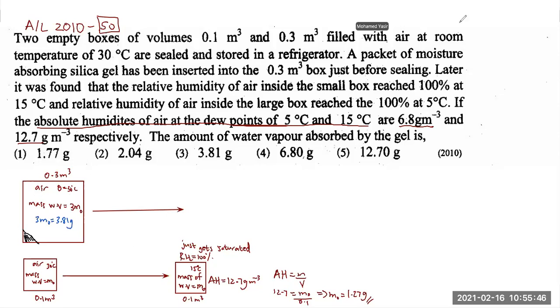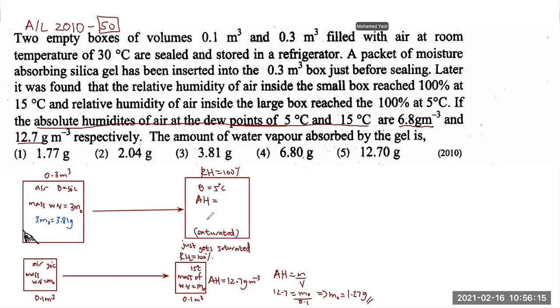But the issue is, when they cool this larger box, its relative humidity becomes 100 when the temperature is 5 degrees Celsius. So now at that time, what is going to be the absolute humidity? 5 degrees Celsius means now it has become saturated, because RH has become 100.